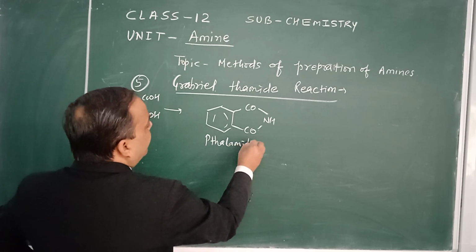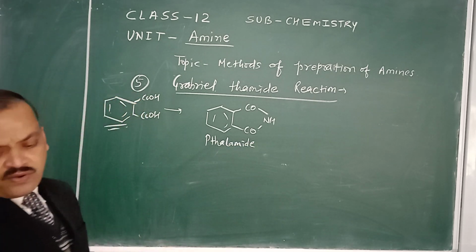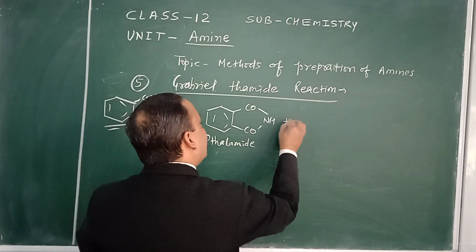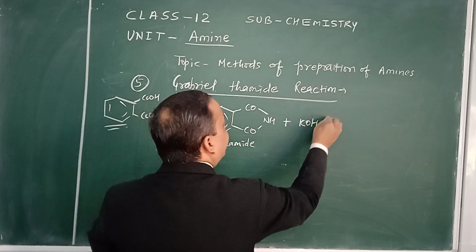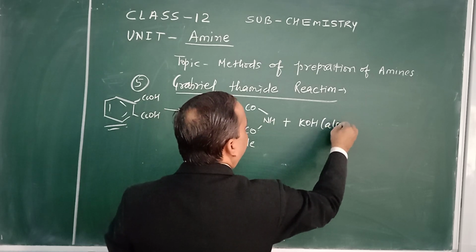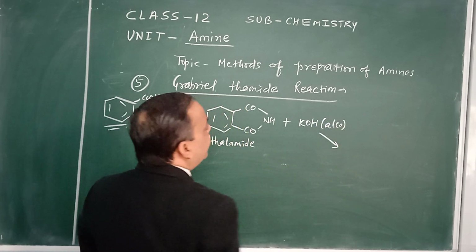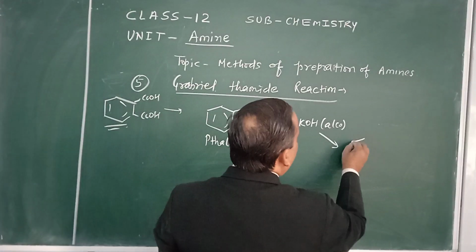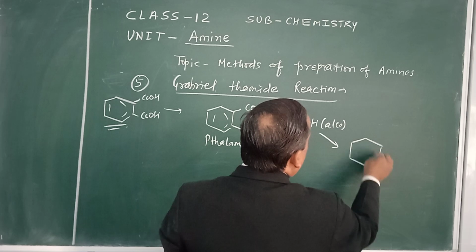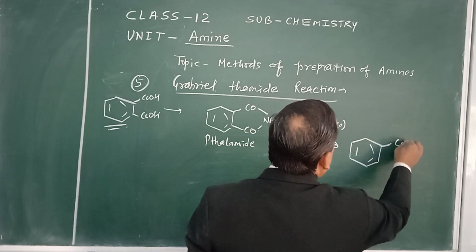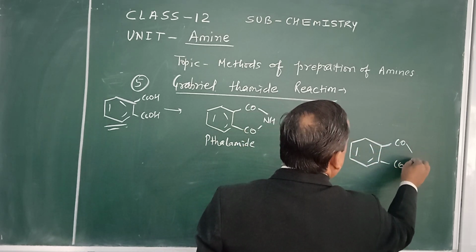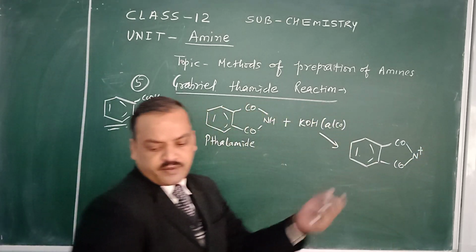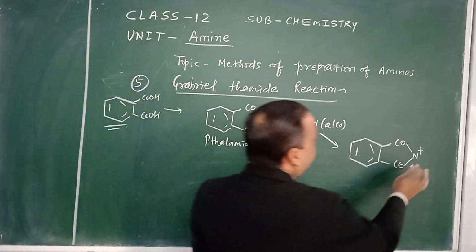When we have the phthalimide in the presence of alcoholic KOH, we get the salt of this, with N minus and potassium added to it.